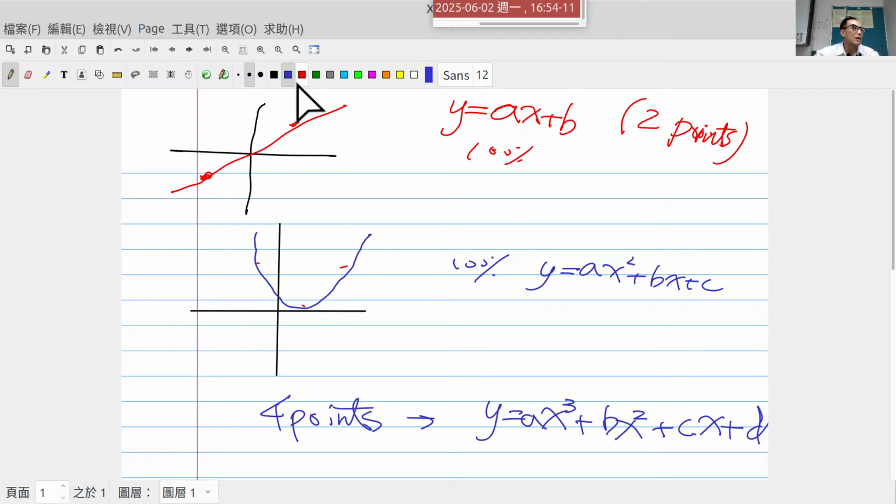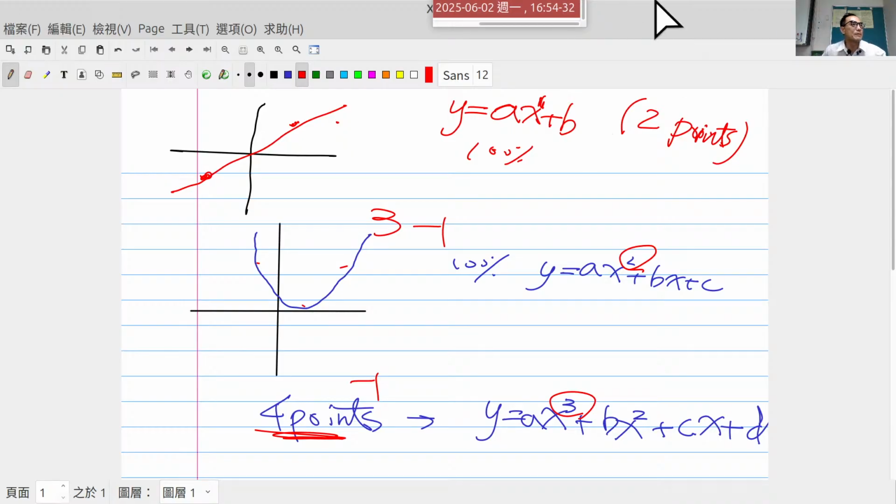So remember, always 4 points minus 1, that becomes x cubed. 3 points minus 1, that becomes square. 2 points minus 1, that is x to the power of 1. Okay, just a quick review of high school math.